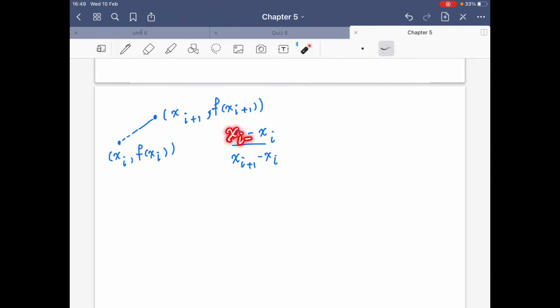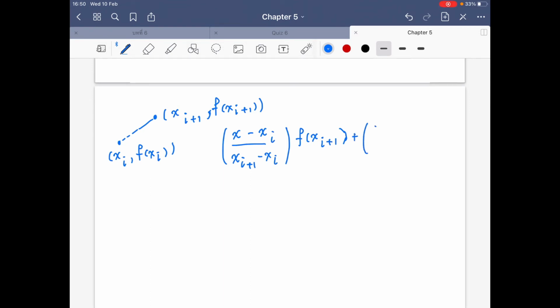If you plug in xi plus 1, it is immediately 1. Can you see? So I am going to multiply this function by the value f at xi plus 1.